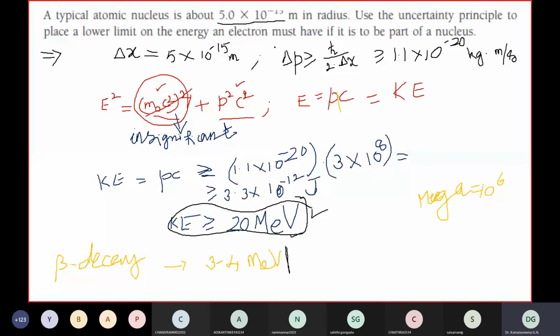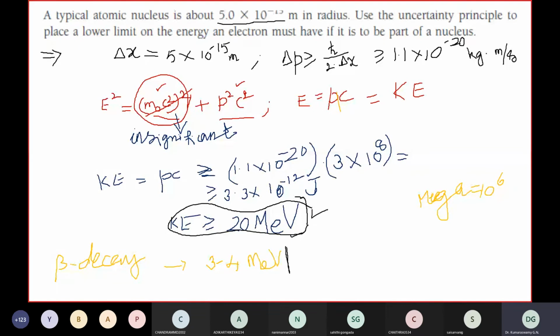Otherwise, you cannot hold it in such a small space. Or when you hold an electron in such a small space, it will have this much energy. Do you understand? Yes, sir.